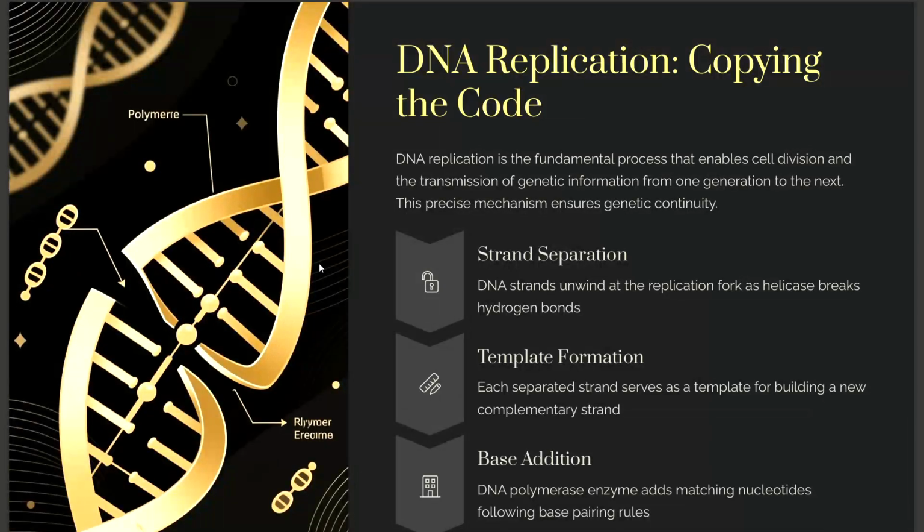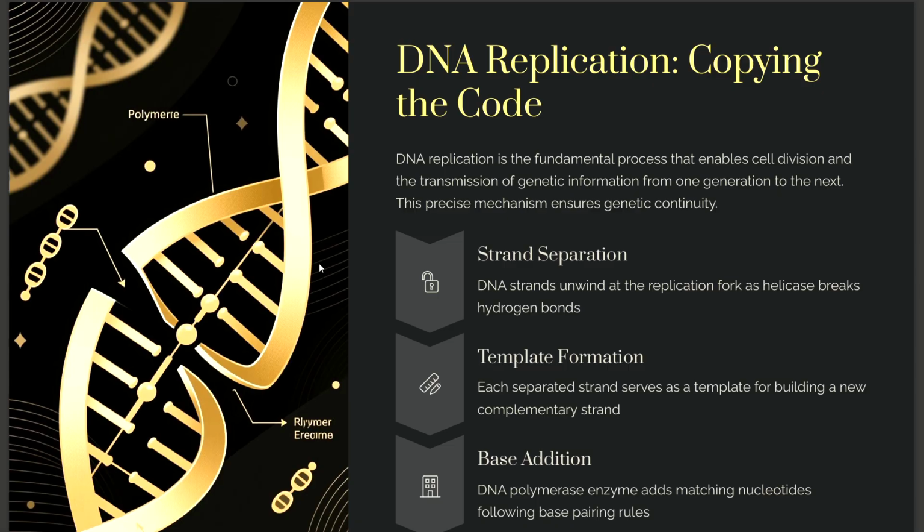Now, how does DNA make copies, and what are the steps in DNA replication? So what is DNA replication? It is a process that enables cells to divide and transmit the genetic information from one generation to the next, or you can say making a copy of DNA is called DNA replication.